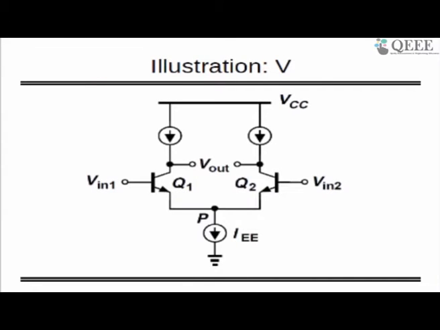Now, other than that, let's say we have another circuit. I request all of you to please try to solve this question in your notebook. This is the circuit which has a current source as a load.